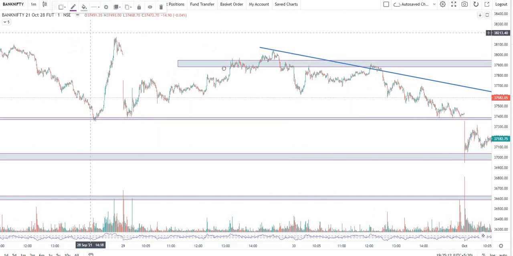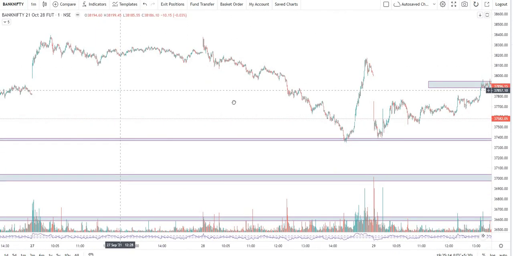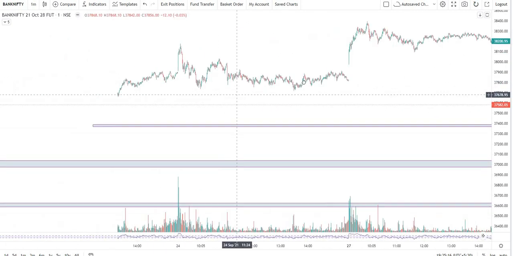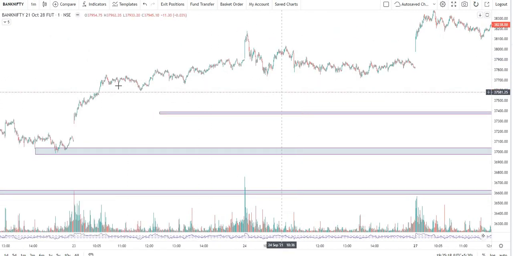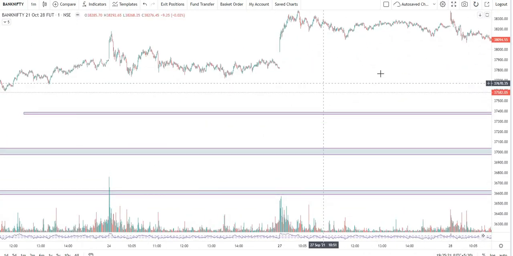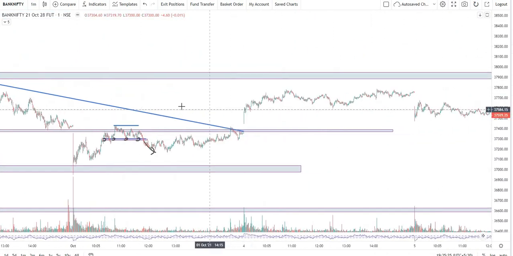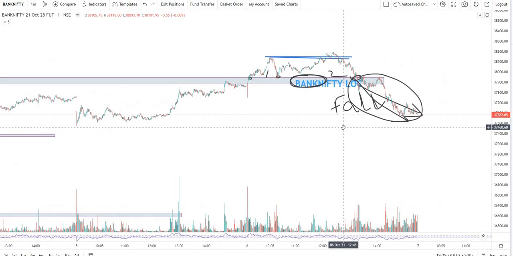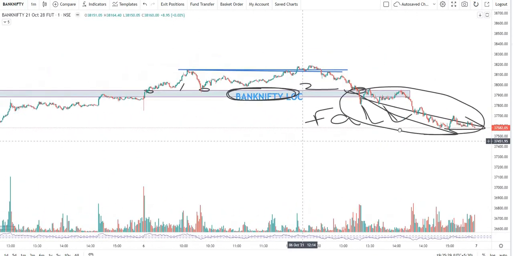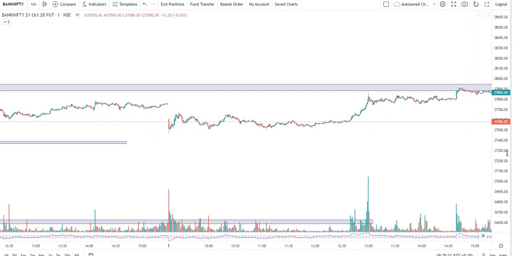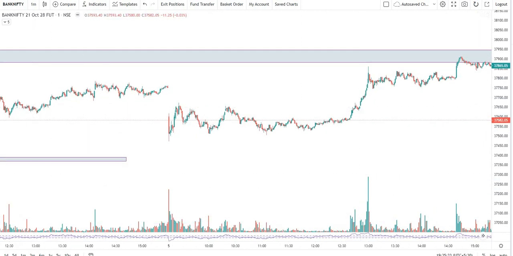Otherwise, it will sometimes give you a fake-out also. But whenever it is happening, it will give you good amounts of points. Definitely, I am showing you.